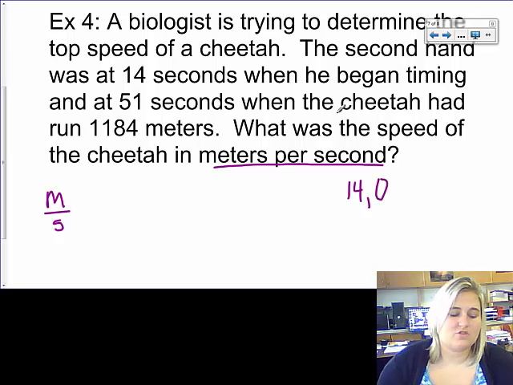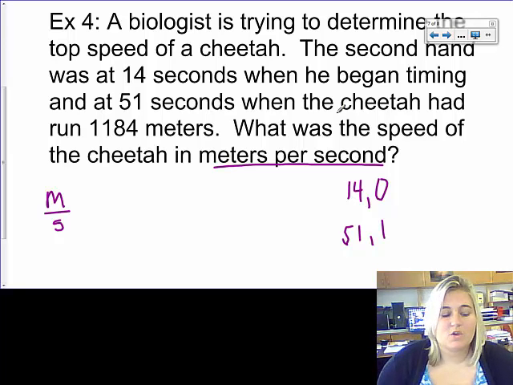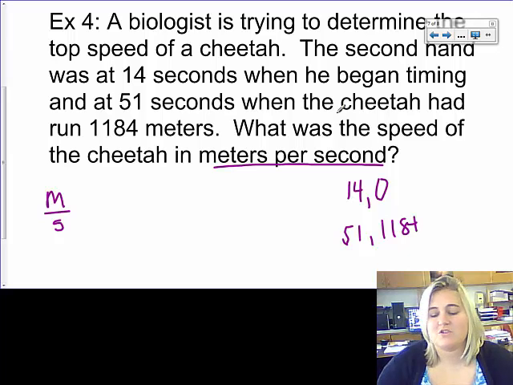Then it was at 51 seconds, and the cheetah had traveled 1,184 meters. Okay, this is my x and my y. You should remember that the change in y over the change in x is my slope, which is what I'm finding here.